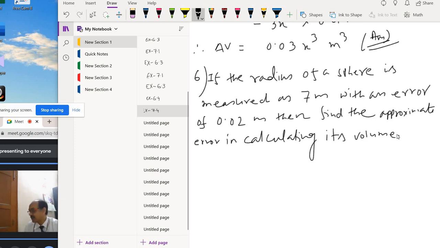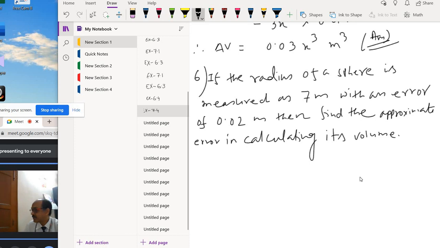Okay, see the question. If the radius of a sphere is measured as 7 meter with an error of 0.02 meter, then find the approximate error in calculating its volume.